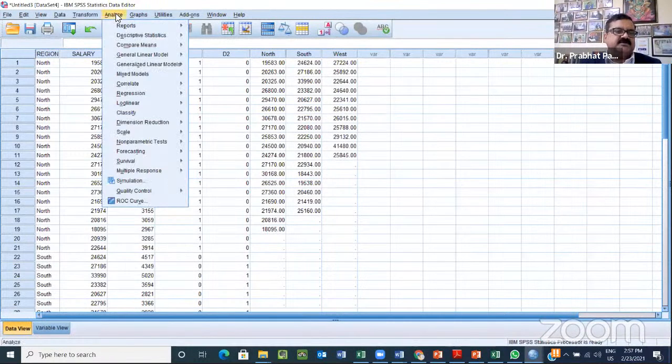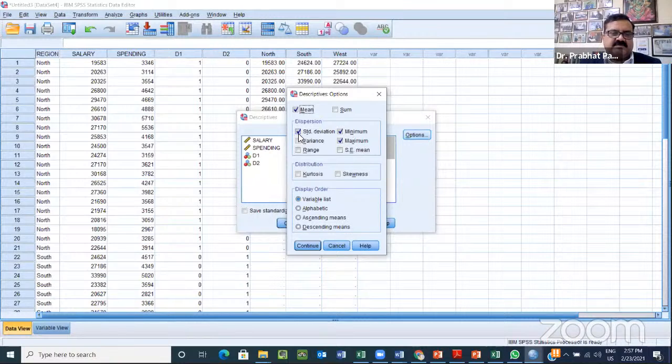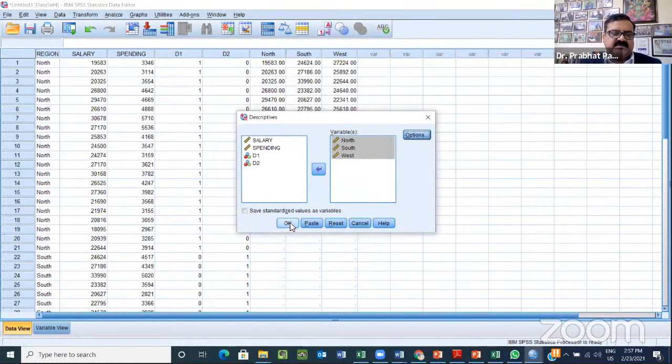Now I go to analyze, descriptive, descriptive frequency, and I ask for the average of all three. I don't want standard deviation, minimum, or maximum. I want only the mean. So I clicked mean and said okay.